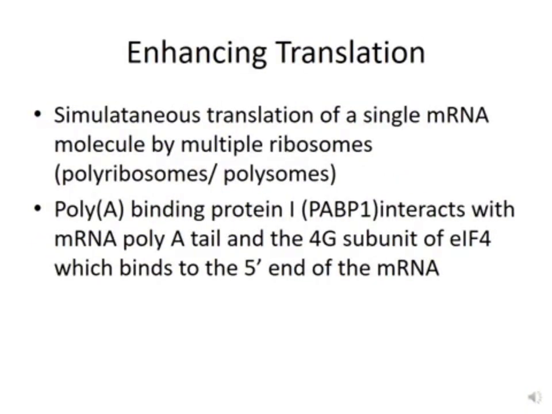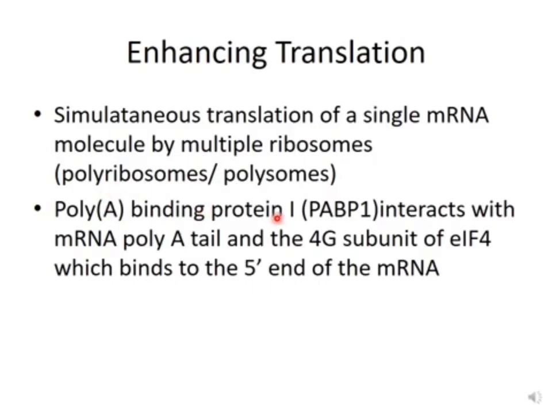There are many mechanisms used by eukaryotes to enhance the translation process. One of these mechanisms is the simultaneous translation of single mRNA molecules by multiple ribosomes. So we have a single RNA strand with multiple ribosomes bound to it. This is called a polyribosome or a polysome. In addition, there's a poly A binding protein.